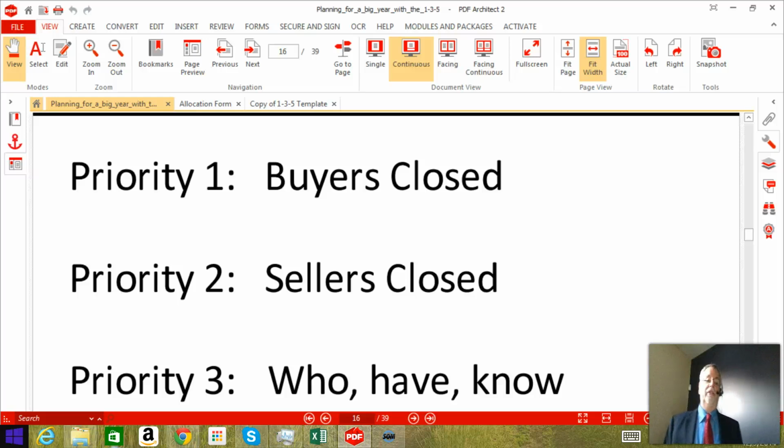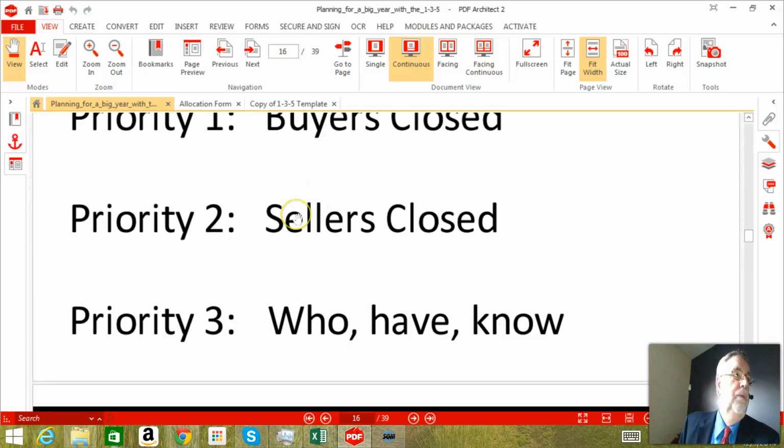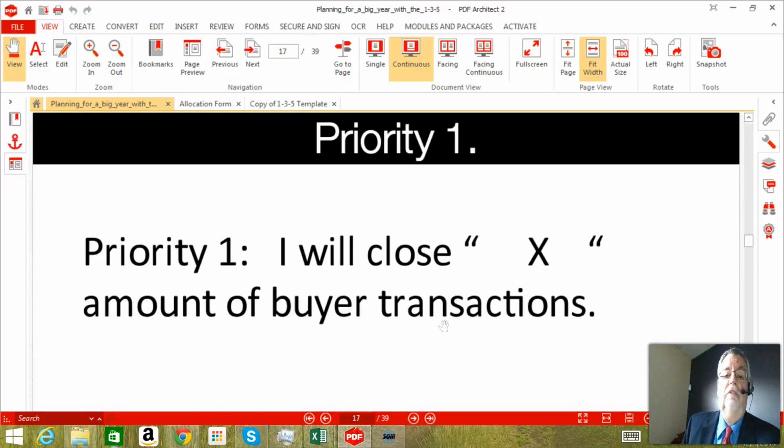So one question is, how's the product, right? How is the product right now? And so one of the things that we're going to focus on is working on the product, because what you might need to do is to allocate time every day, perhaps, on working on who you need to know, what you need to have, what you need to know in order to be more successful.